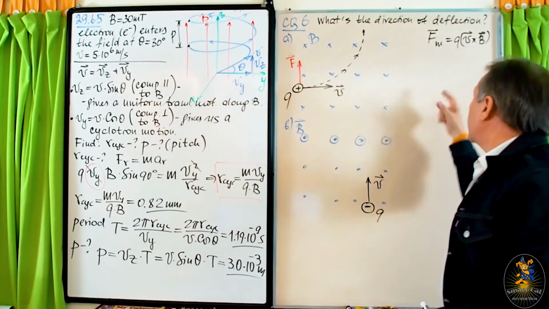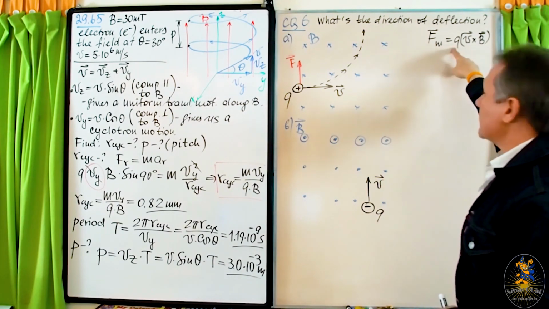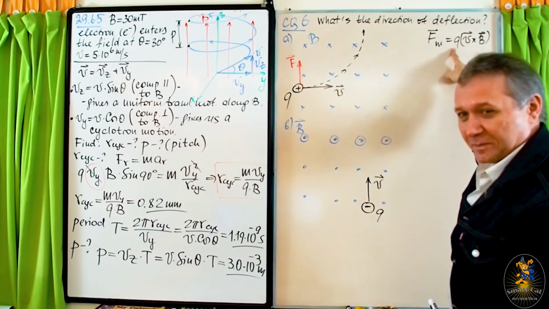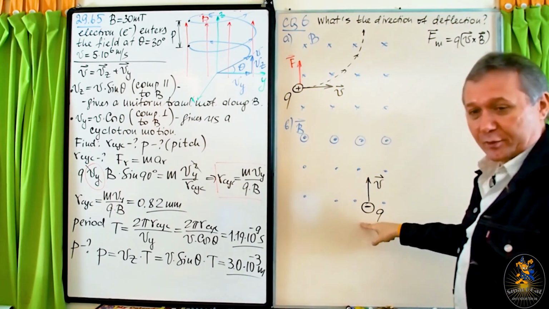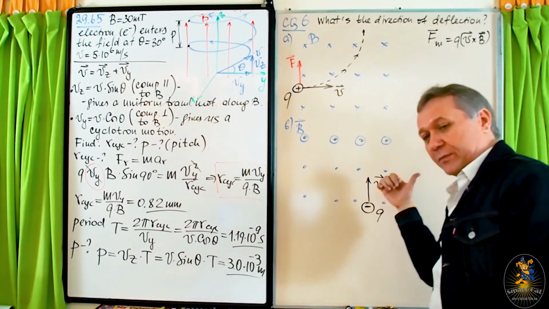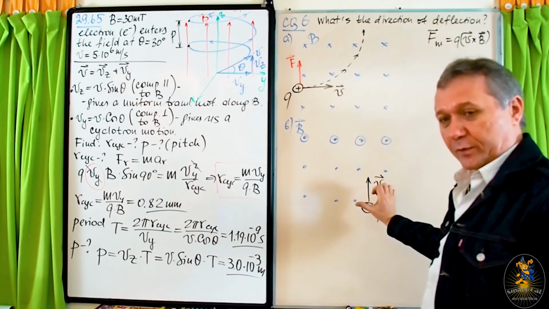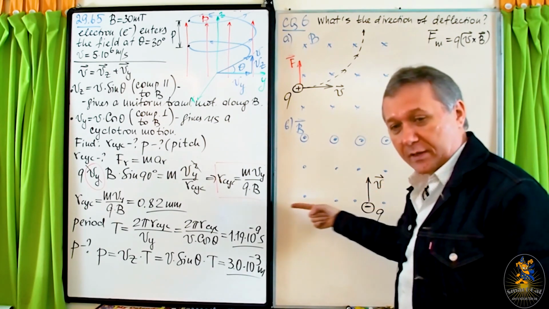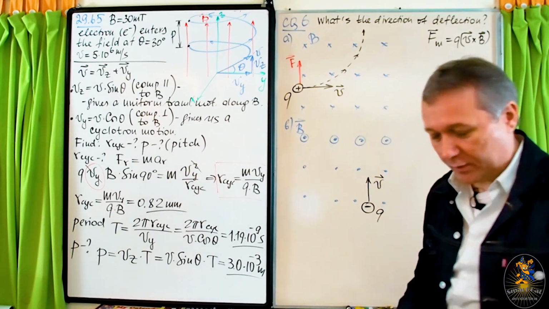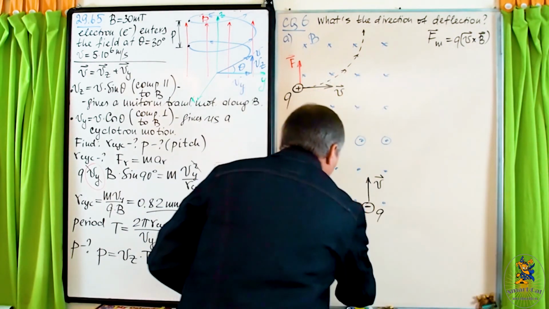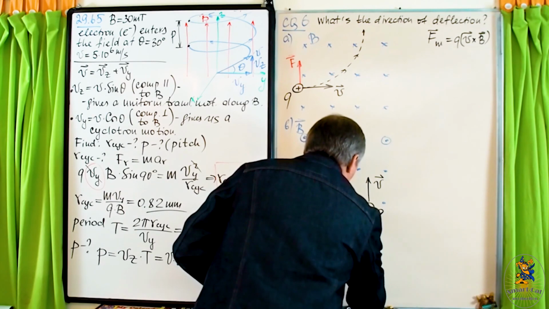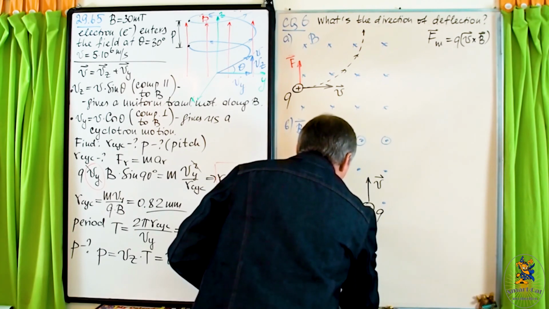But that is only the direction of V cross B. Since our charge is negative, it's an electron, that direction must be flipped to this one. So the force will act on the electron that way. Don't forget about the sign of the charge. So in this case, the force will be this way.